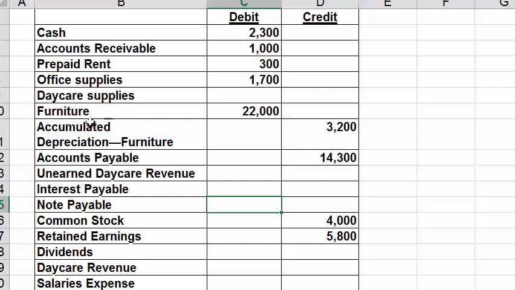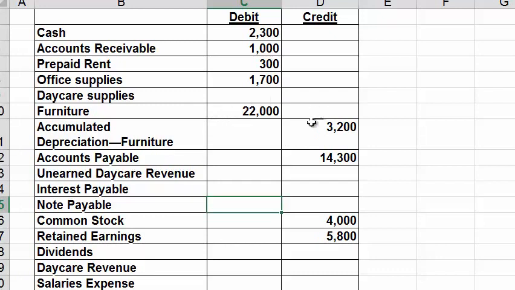A related account to furniture, a buddy account to furniture, is this accumulated depreciation account. The accumulated depreciation account is, of course, a contra asset. It has a contrary balance, if you will. So it's a negative asset account. Normal balance would be a credit, where for furniture, the normal balance would be a debit.